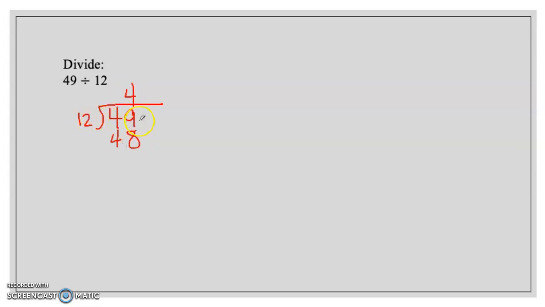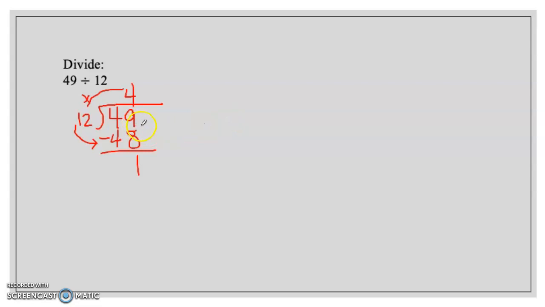So we divide, put our answer, and then we multiply, and we put our answer, and then we subtract or add the opposite, and we have a remainder of 1.